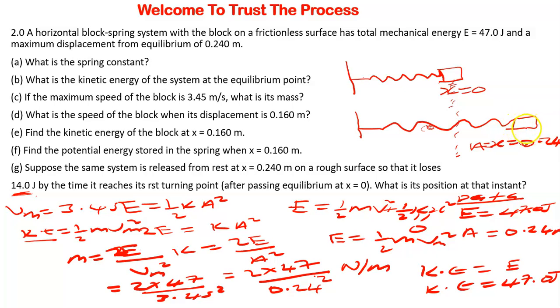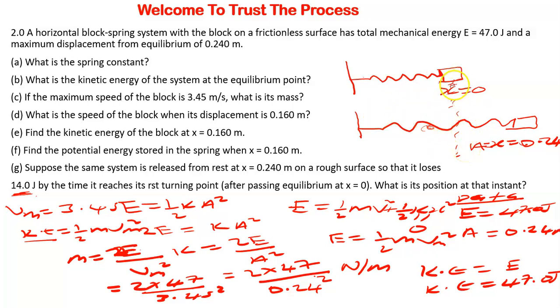Now, that energy which will be lost will cause this block not to go back to negative 0.24, because if the maximum displacement is 0.24, the minimum displacement has to be negative 0.24. So if there is going to be some loss of energy, it won't be able to return to negative 0.24.